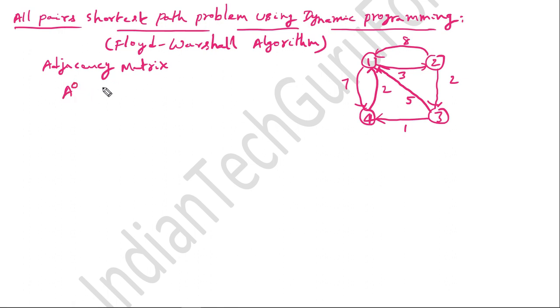Adjacency matrix A power 0 is defined as containing the elements as the direct distances from one vertex to another vertex.